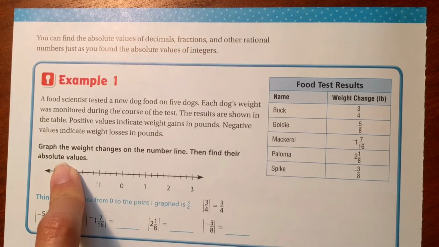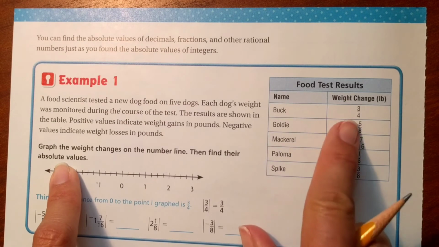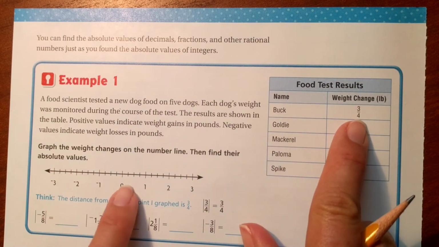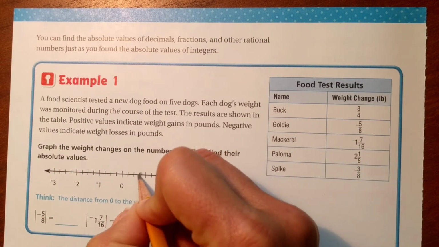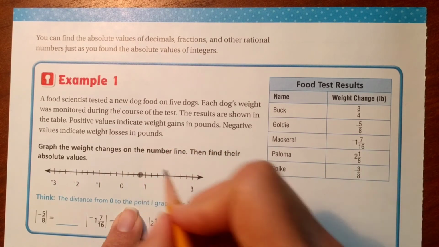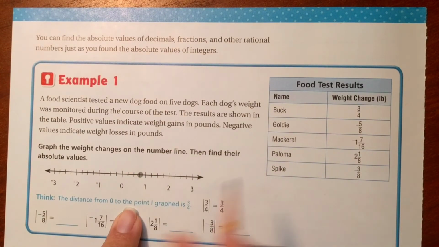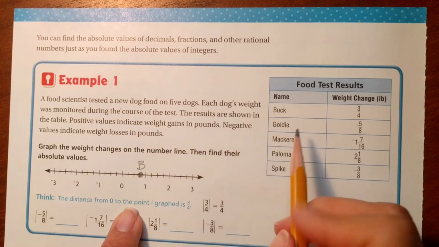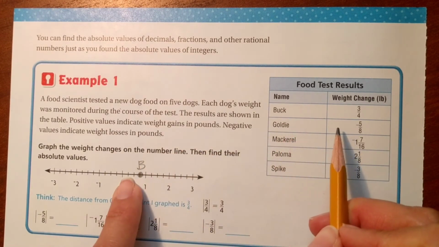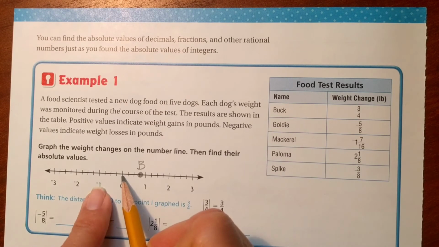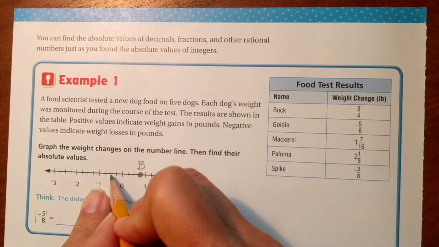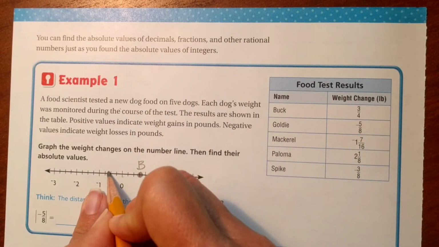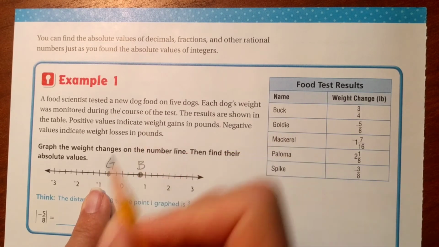All right, so the first thing we're going to do is graph these. So positive 3/4 is right there. That's Buck. Is he the only B? Yeah, so that's Buck. Goldie lost some weight, and 5/8 is pretty close to a half. We're going to put Goldie right there.